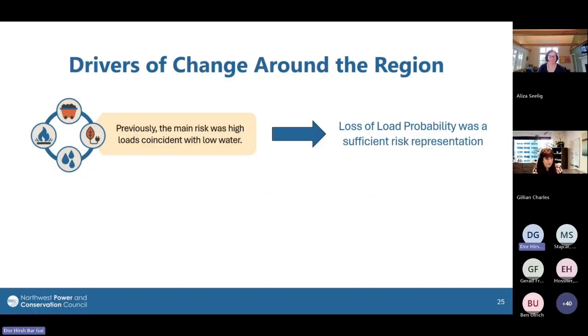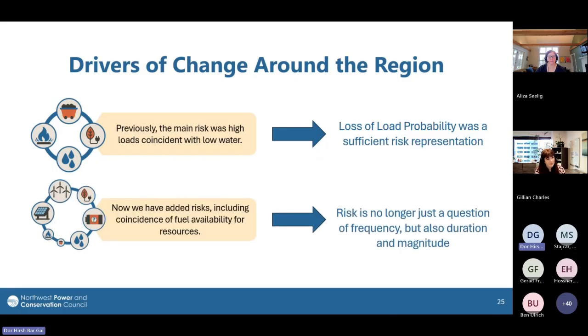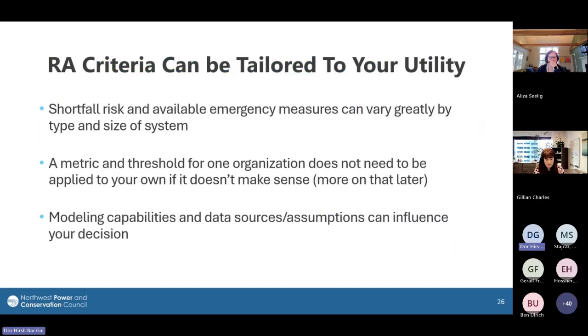The reason evolution happens is when our risks change. For the longest time, from the Council perspective, region perspective, the main risk was just coincident high loads with low water. A system that is heavily hydrothermal, the uncertainty is a lot different than when you have a system with lots of renewables and changing political policies. And as the risk changes, so too does the need to understand how to requantify the new risk. So basically moving from frequency to also looking at magnitude and durations.